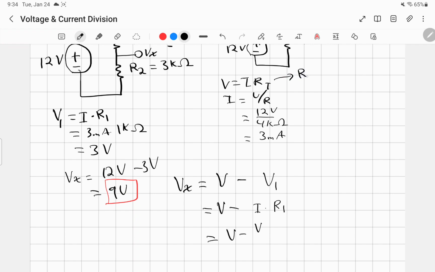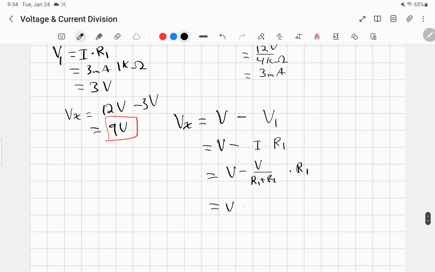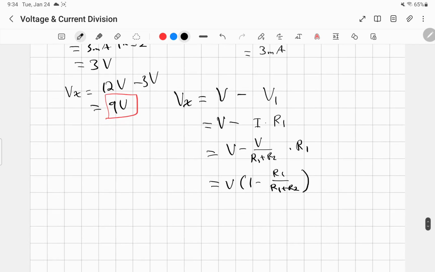What does RT equal? RT equals R1 plus R2. So V minus V over R1 plus R2 times R1. We can factor out V here, so we get 1 minus R1 over R1 plus R2. And 1 minus R1 over R1 plus R2 is going to be V times R2 over R1 plus R2.